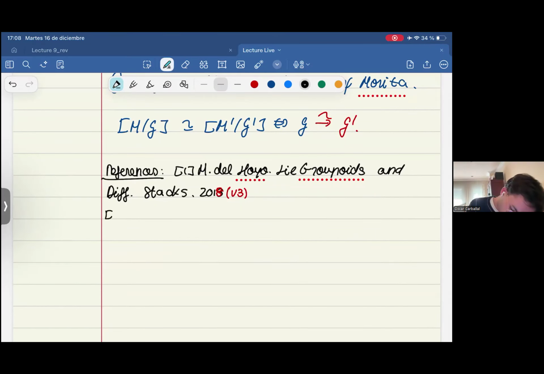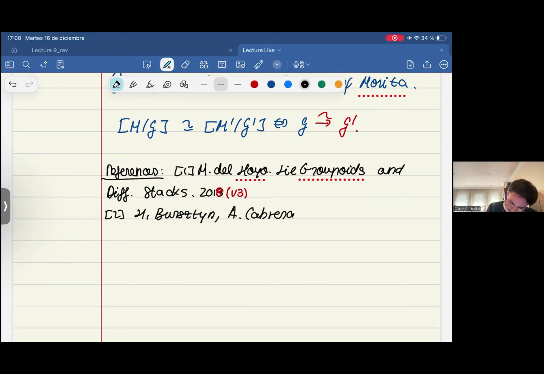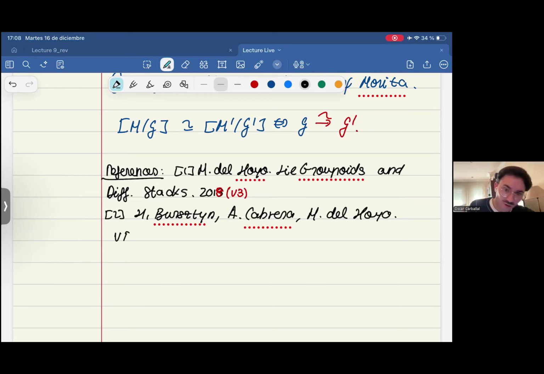The second reference is from Henrique Bursztyn, Cabrera, and Matías del Hoyo again, which is vector bundles over Lie groupoids and algebroids, right?